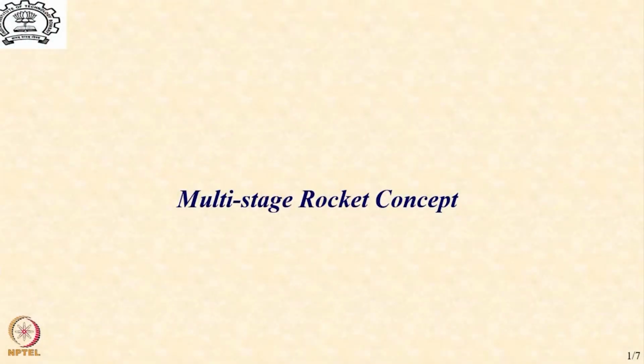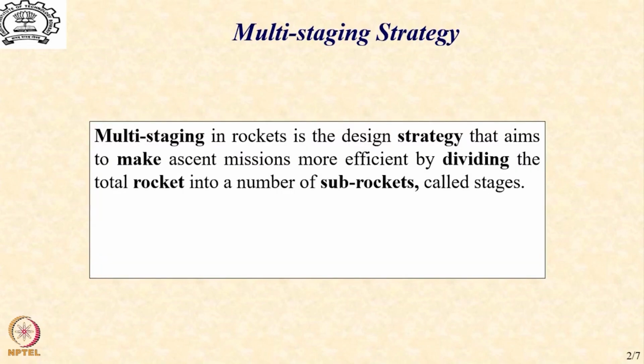So let us start the discussion by looking at the basic concept itself. Multi-staging in rockets is the design strategy that aims to make ascent missions more efficient by dividing the total rocket into a number of sub-rockets called stages.